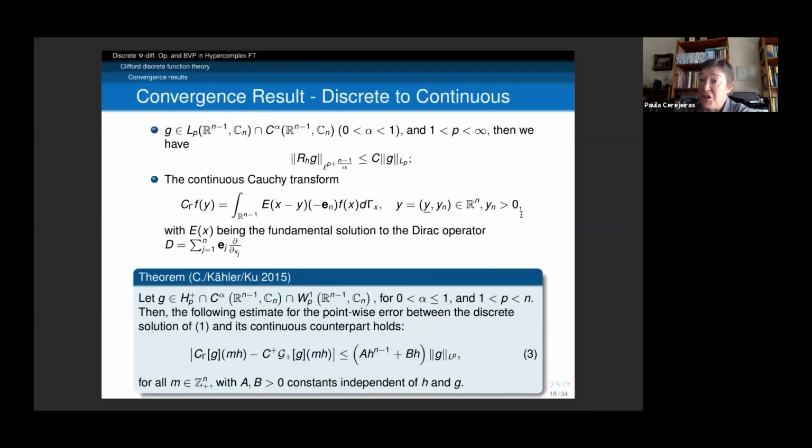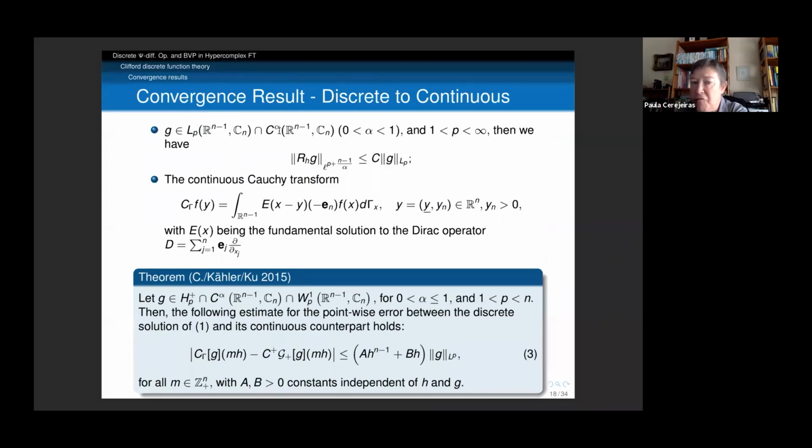The convergence results tell us what we already know. It's not enough to have a function in the big LP space. You need to have some kind of Holder continuity.